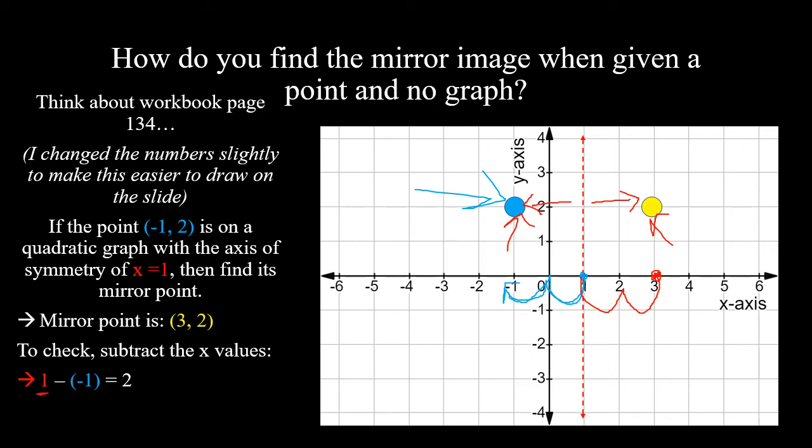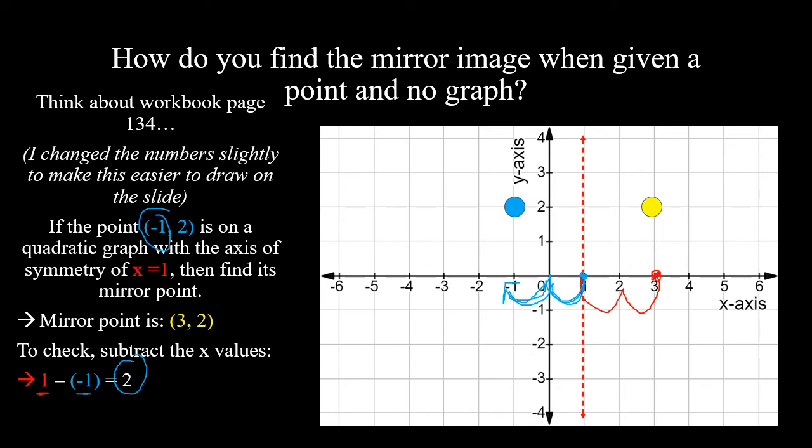So our x coordinate there is 1. And our first point, the x coordinate was -1. So 1 minus -1 gives me a value of 2, which means that our first point was 2 jumps away from our axis of symmetry, right? Which we see right here. We have 1, 2 jumps, okay? We're just finding the distance.